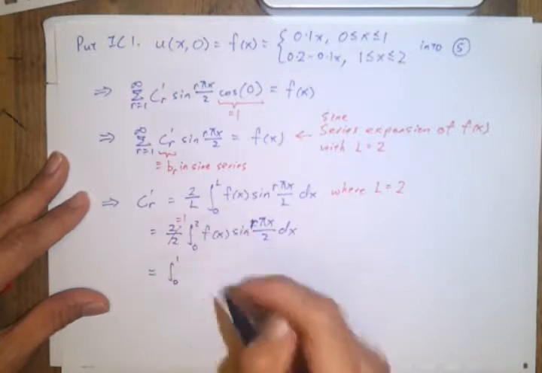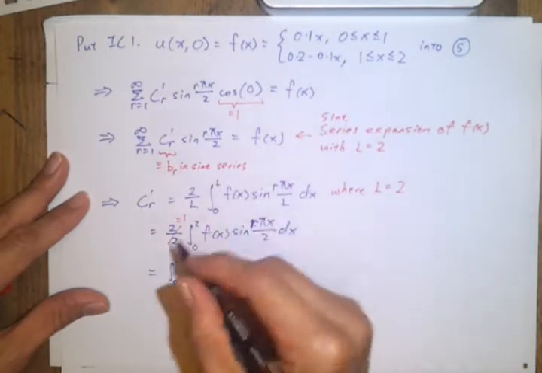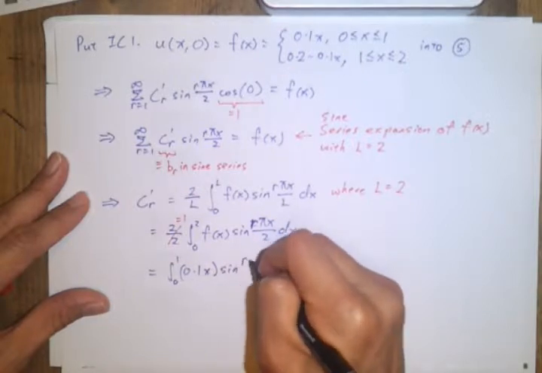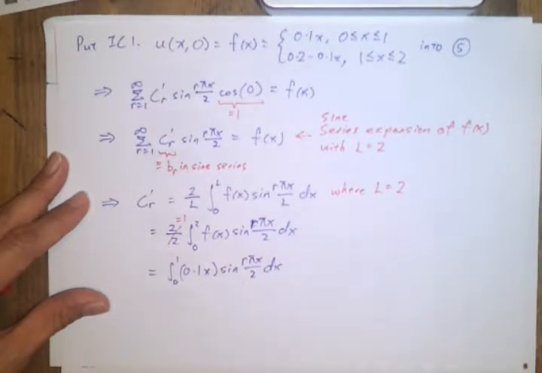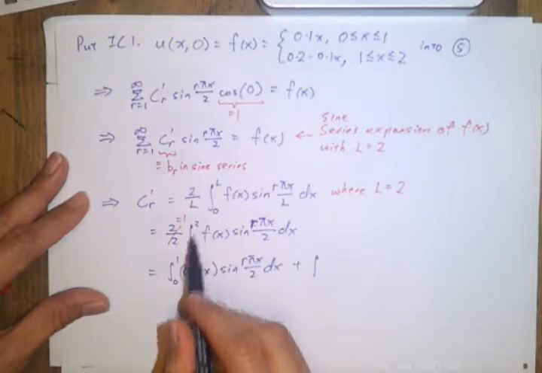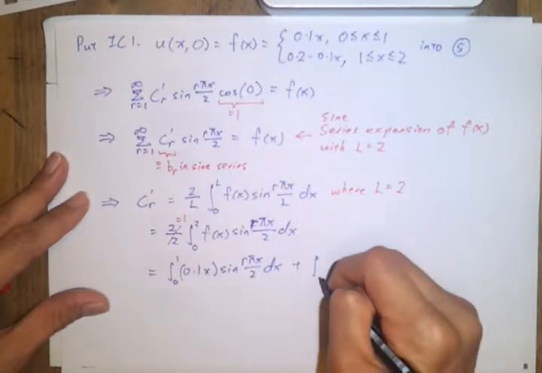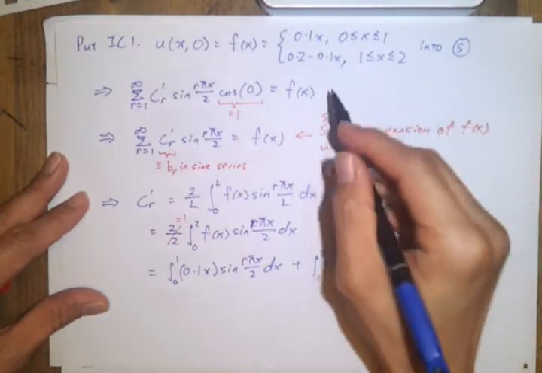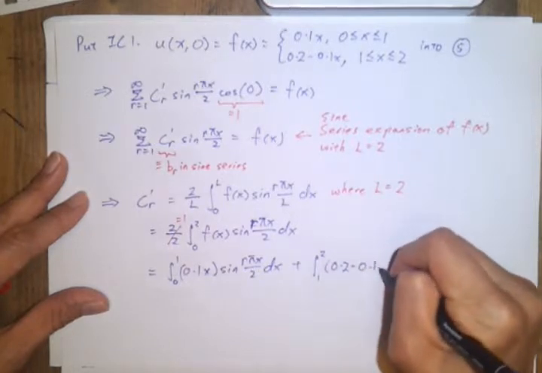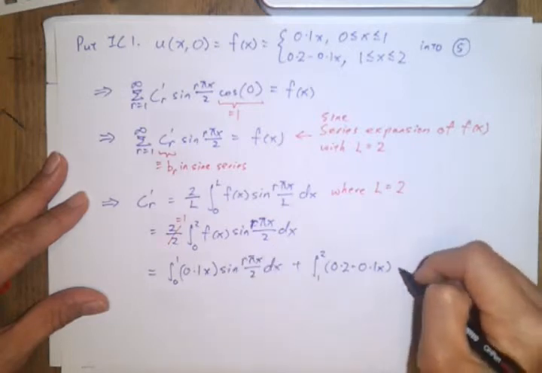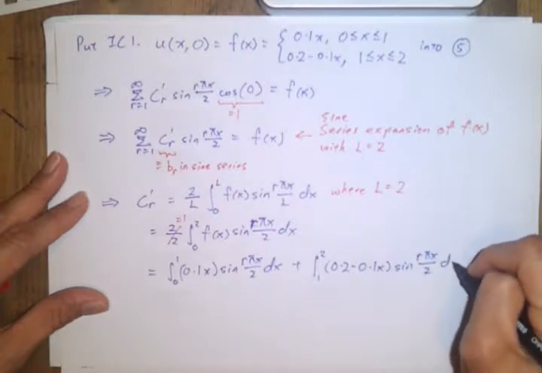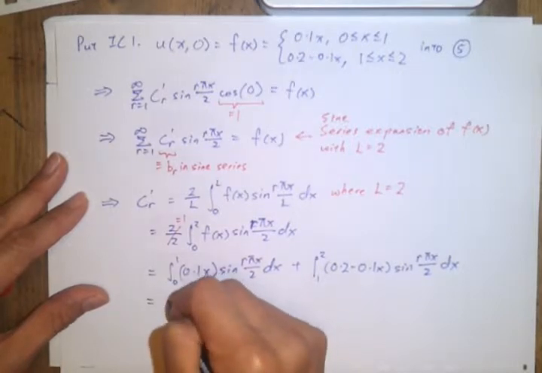From 0 to 1, my f(x) is 0.1x, so it's 0.1x multiplied by sine r pi x over 2 dx, plus the integral from 1 to 2, where my f(x) is 0.2 minus 0.1x, multiplied by sine r pi x over 2 dx. So you do your integration. I'm not going to do the integration.